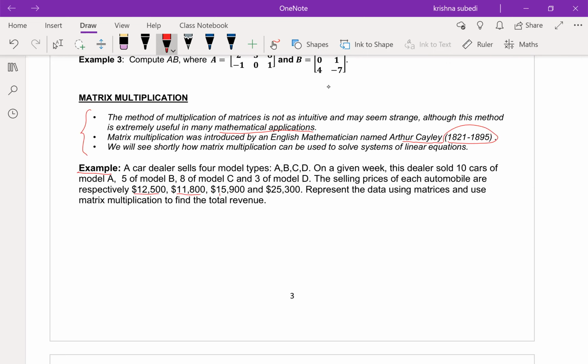These are the selling prices, okay, for each particular model. Now represent the data using matrices and use matrix multiplication to find the total revenue. Okay, how do we do that?